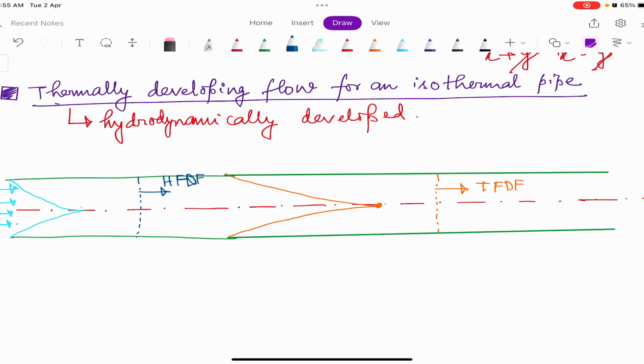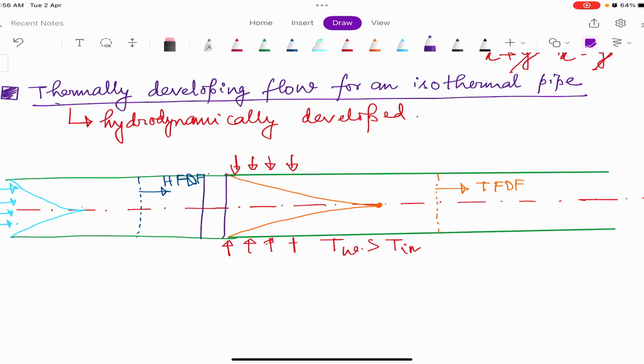And after this, from any particular region, say at this region, you have started heating the plate, and you have maintained a temperature T wall here, that is greater than T in, and T in is the temperature profile here.